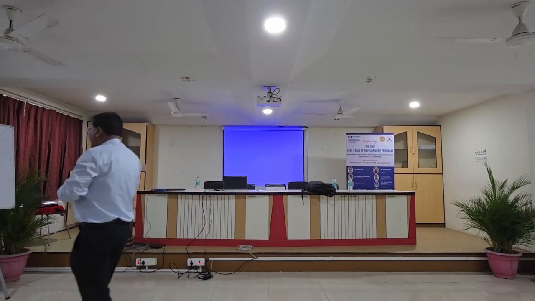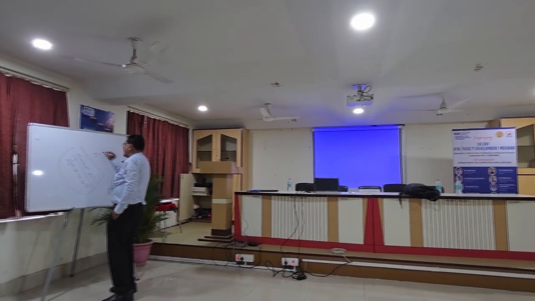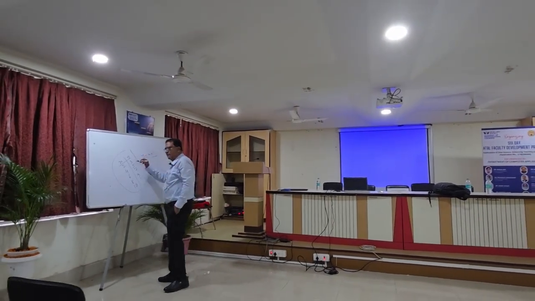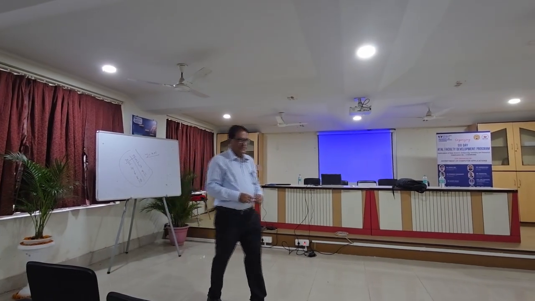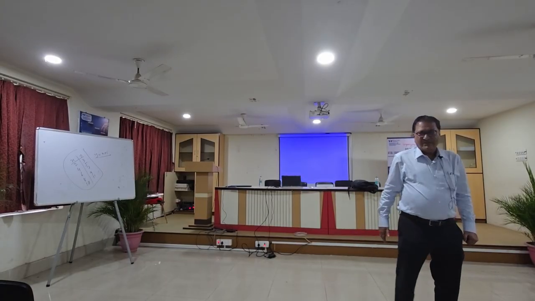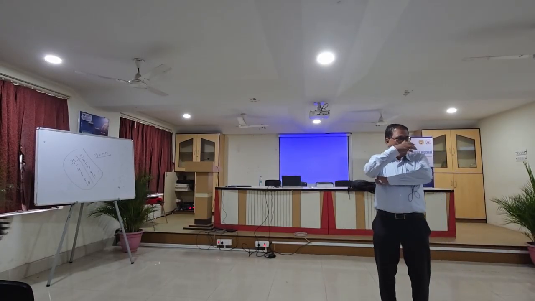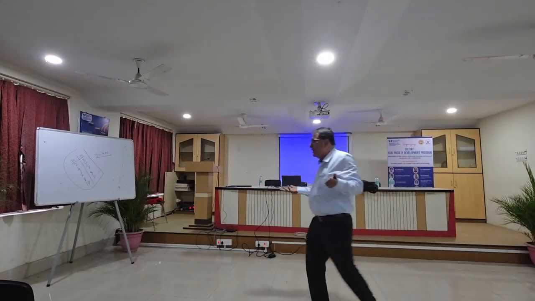So obviously we can write Y equal to X plus 1, a linear model. Now you can ask me, sir, can you prove with simple mathematics why it is linear? My question is clear. So what will we do?